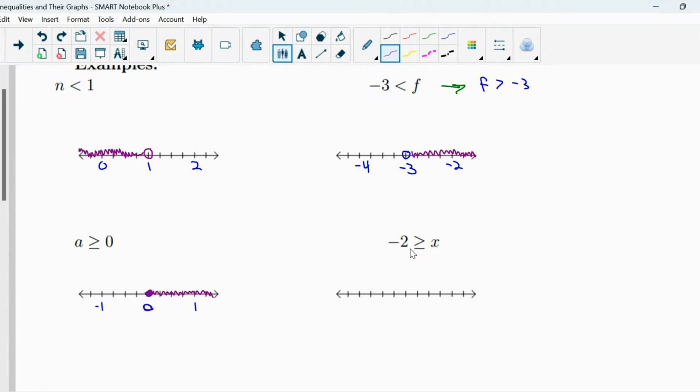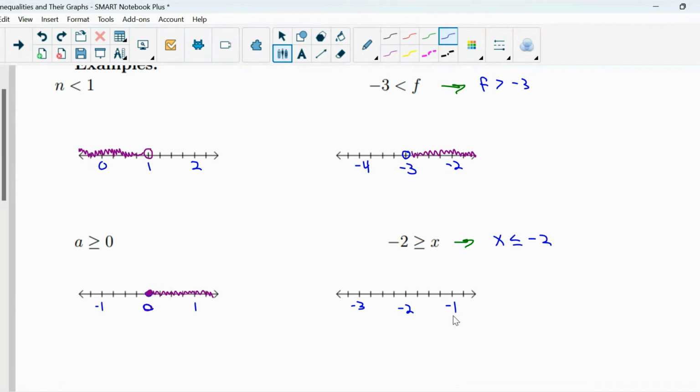Next, we have -2 is greater than x. x is on the left side, so we can go ahead and rewrite this. We have x is less than or equal to -2. This will help us know that we have to shade to the left. So let's plot our points. We have -2. A value less than -2 would be -3, and a value greater than -2 would be -1.